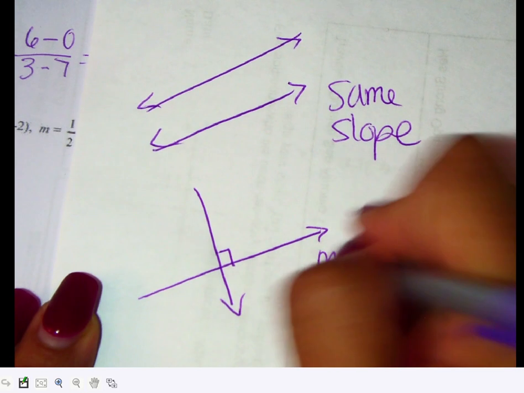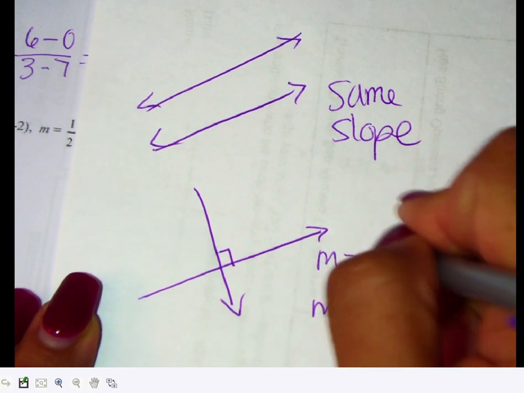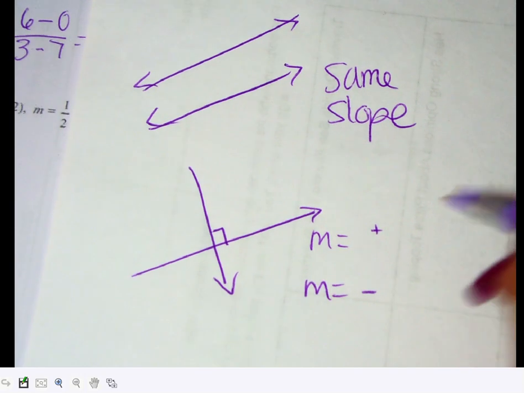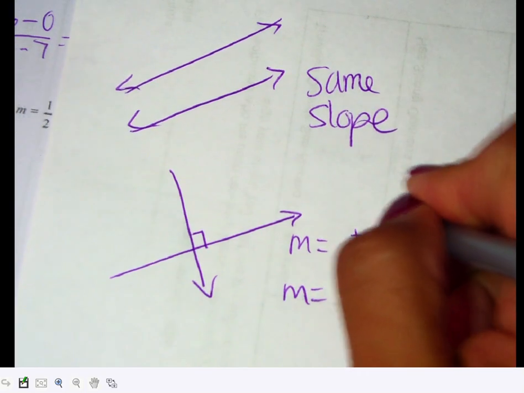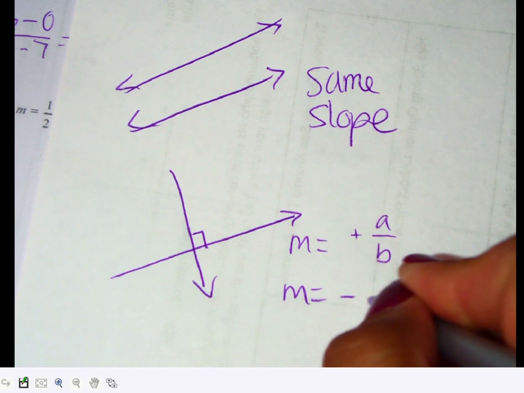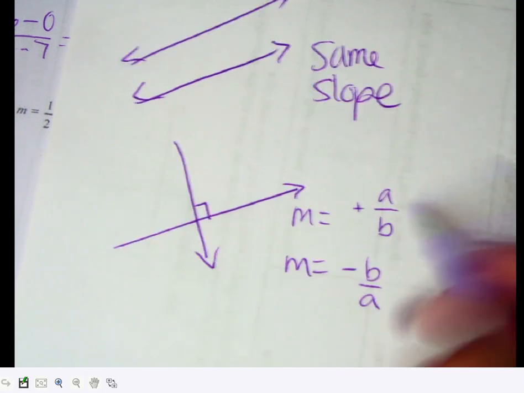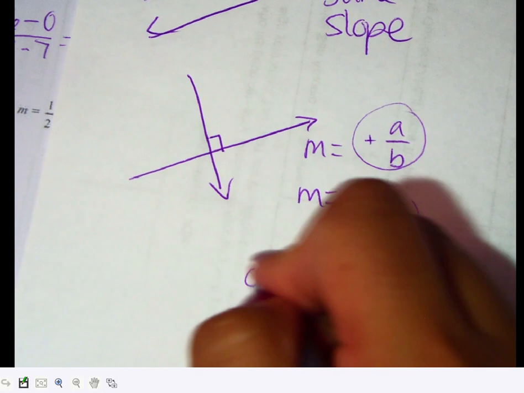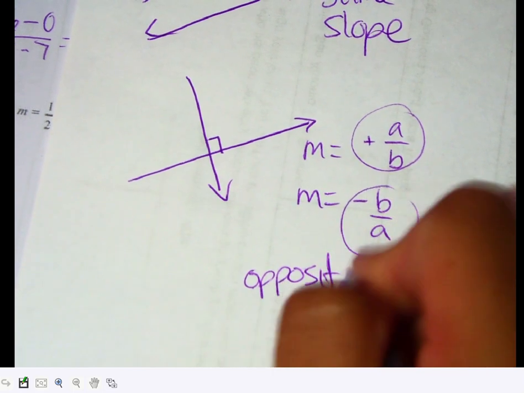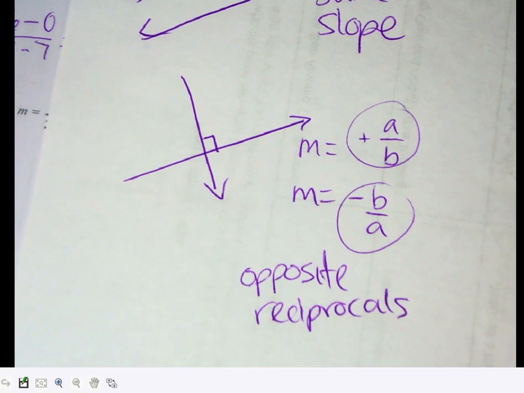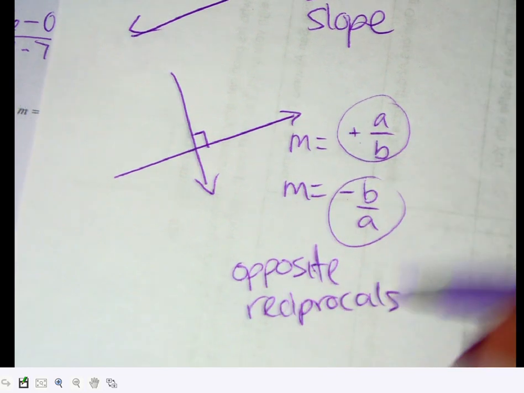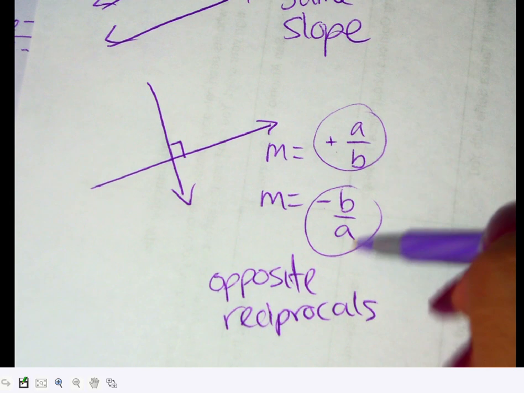Your slopes are going to be one positive, one negative, and they're also going to be flipped. So let's say this is A over B, the other one will be B over A. So they're opposite reciprocals. Opposite meaning one's positive, one's negative, and reciprocals meaning the fraction version is flipped.